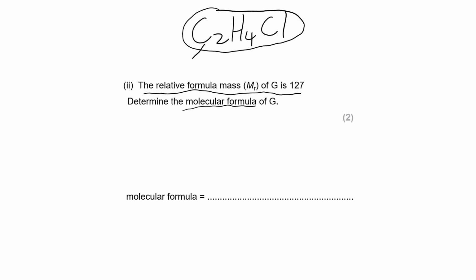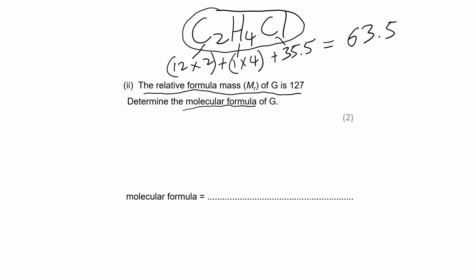So we look at the mass numbers in the periodic table, which for carbon is 12. I need to multiply that by 2. I know the mass number of hydrogen is 1. I've got 4 of them, so times that by 4. And then I know chlorine's is 35.5. Add all of those numbers together, and you should get 63.5.